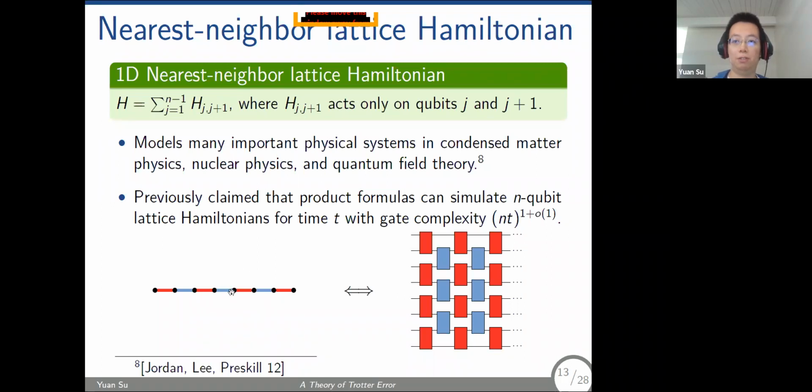For example, you can just group them into two groups: the odd group, all the odd terms, and all the even terms. This kind of ordering minimizes the depth of the quantum circuit, so maybe this could be a good ordering. But in general, we don't have a strategy to determine the optimal ordering yet.